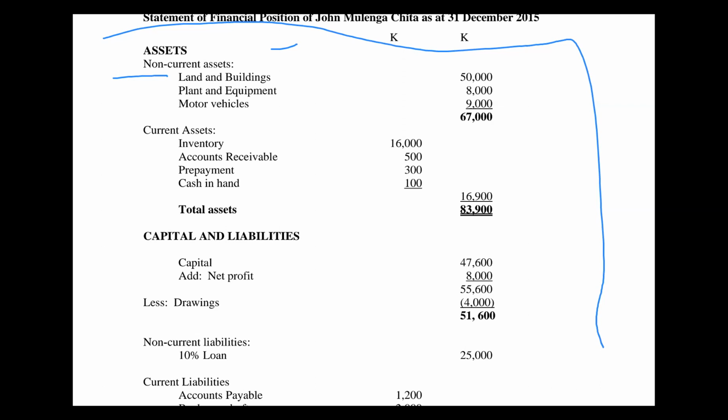So plant and equipment, motor vehicles, they form what we call the non-current assets. Under the current assets, we have the following things. This is just the format.